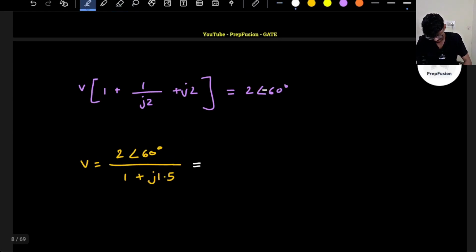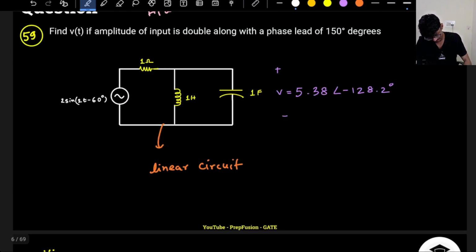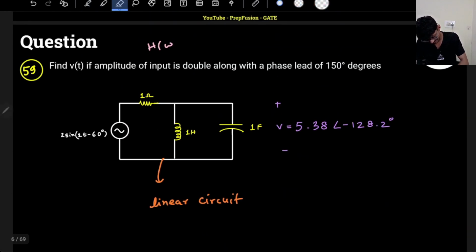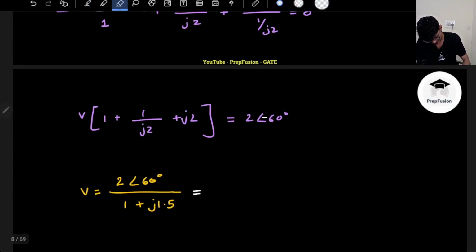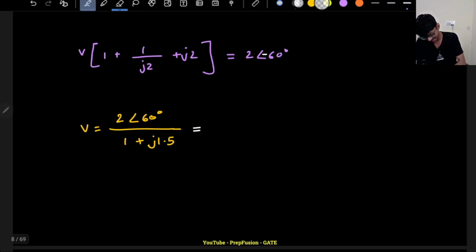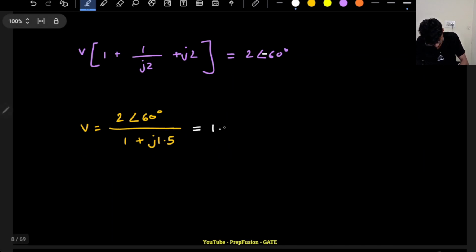Actually, I made a mistake here, this is wrong. My bad, I have to change the question. I will just calculate this value. I'm really sorry. It will be 1 plus 1.5 whole square, whole under root, inverse, into 2. So this will be 1.11 angle.